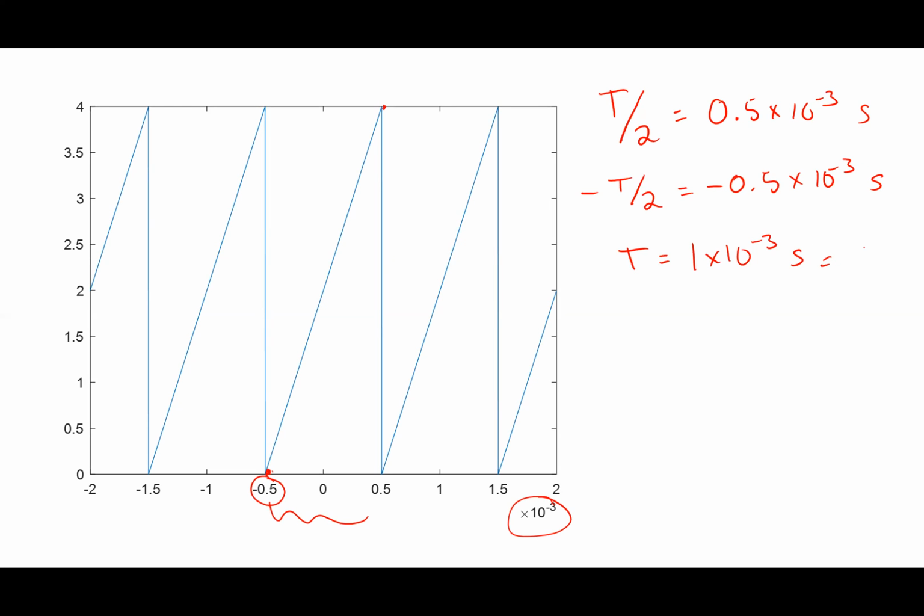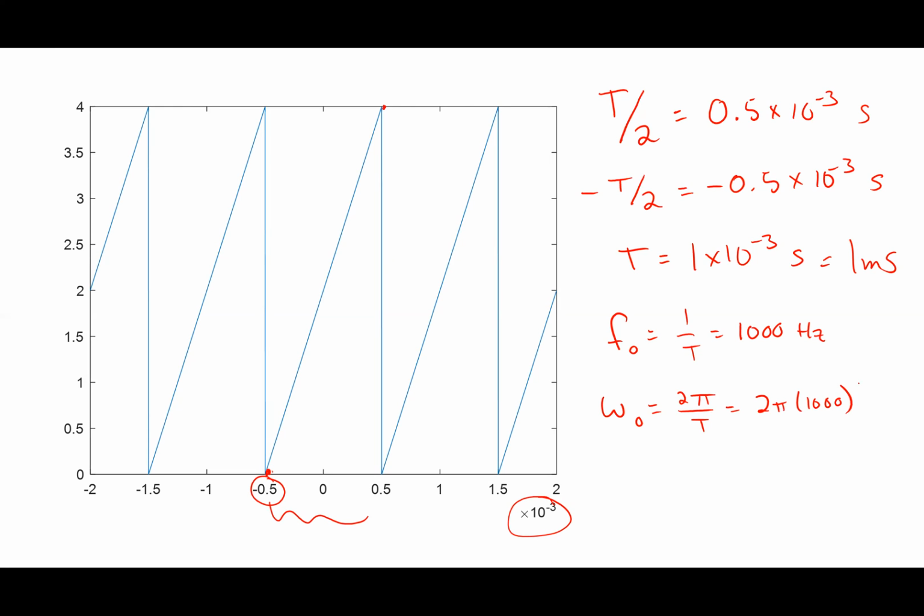So that would be 1 millisecond, which if I wanted to talk about my fundamental frequency in hertz, that would be 1 over T, or 1,000 hertz, or a kilohertz. And my omega naught would be some kind of a nasty number, 2 pi over T. So 2 pi times 1,000. And I don't want to calculate that as a number because it would be ugly.